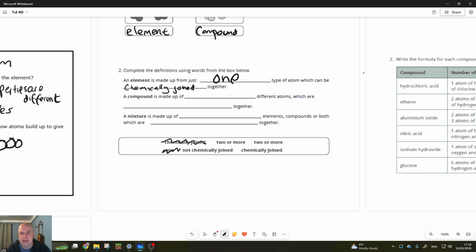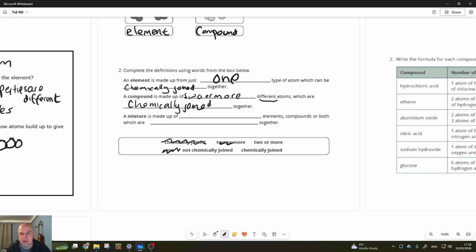A compound is made of 2 or more different atoms, which are chemically joined.